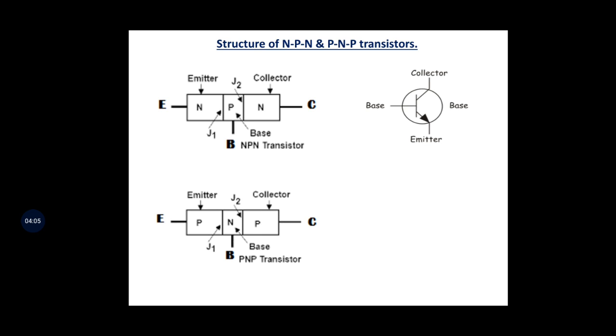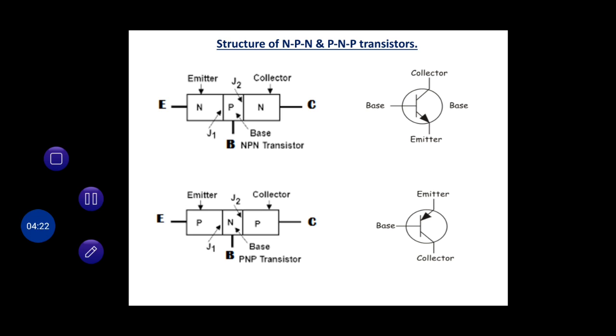Secondly, you can see the structure of PNP transistor, where between the two P-type semiconductors there is an N-type semiconductor. And this is the symbolic representation of PNP transistor, you already know. But while drawing the structures of NPN and PNP transistors, there are some very important points we have to remember.